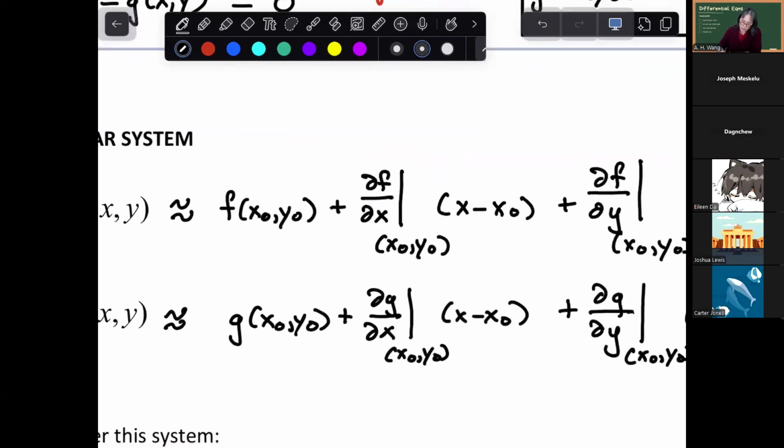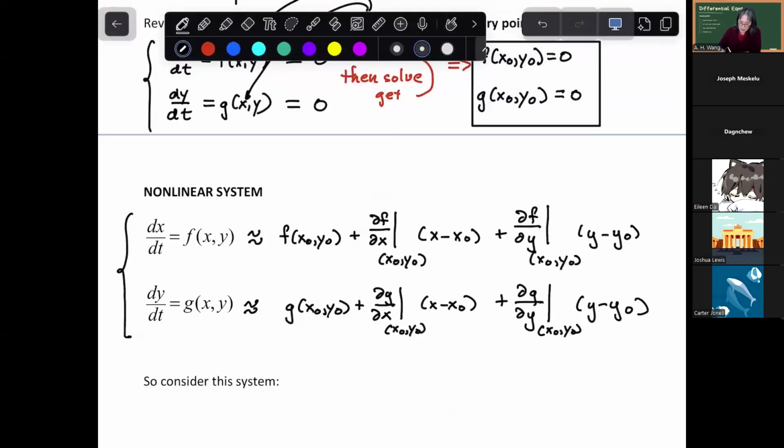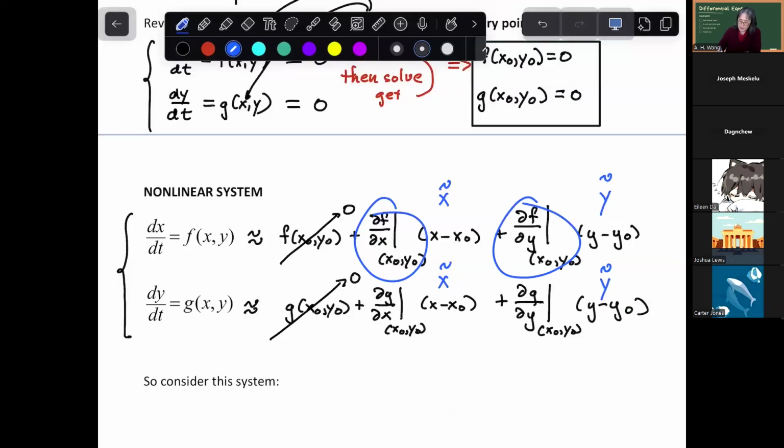And now what you're going to do is, that was a stationary solution, so this is 0. And after you plug this in, this is your m in the y direction, and these are constants. And look at this. What we could do is change variables. This will be x tilde, y tilde. These are constants, because once you plug in the x naught, y naught, you get numbers there.